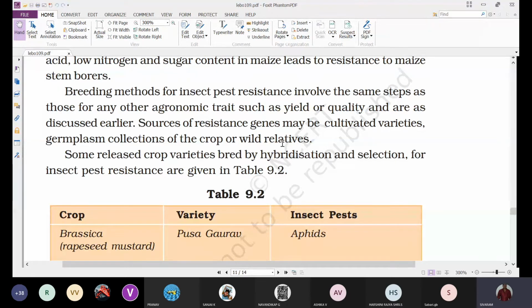Wherever they are present, we need to incorporate them into the plant variety which we are growing for getting the higher yield of that plant.